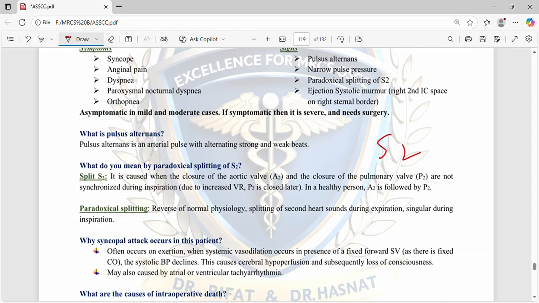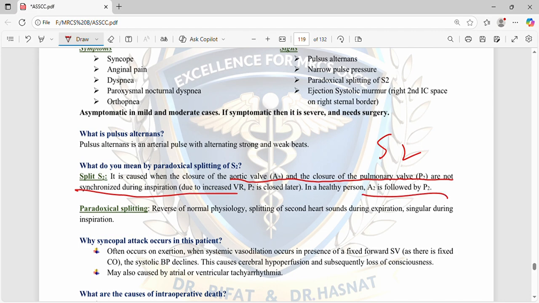Splitting means that the closure of the aortic valve and the closure of the pulmonary valve are not synchronized during inspiration. Due to increased venous return, P2 is closed later. In a healthy person, A2 is followed by P2.